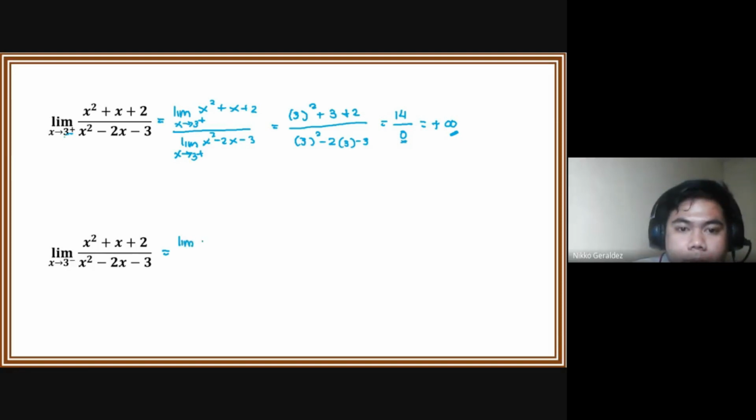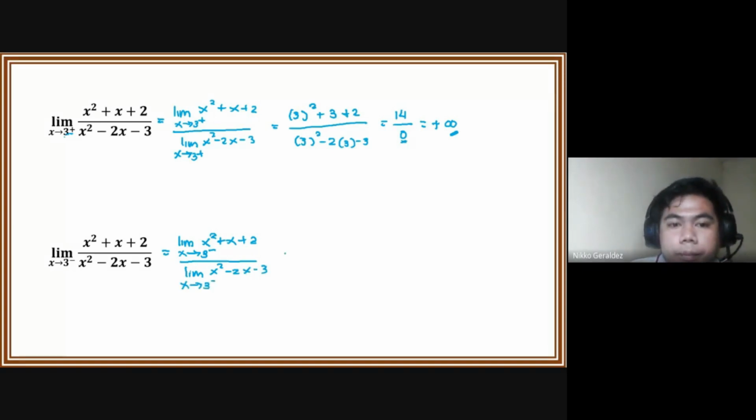The limit of x squared plus x plus 2 as x approaches 3 from the left over the limit of x squared minus 2x minus 3 as x approaches 3 from the left. By the substitution theorem, that is 3 squared plus 3 plus 2 over 3 squared minus 2 times 3 minus 3.